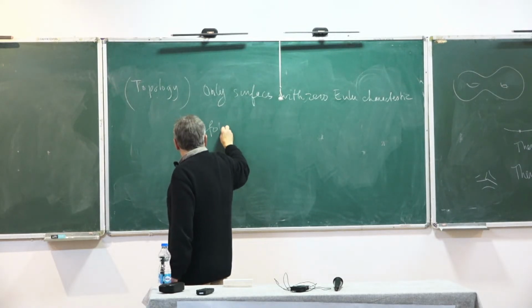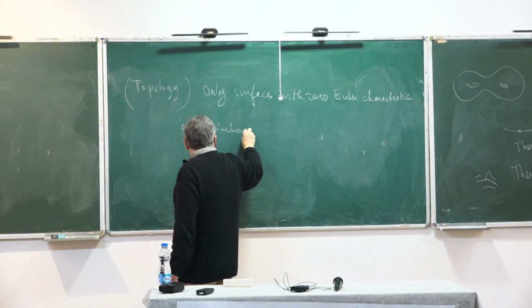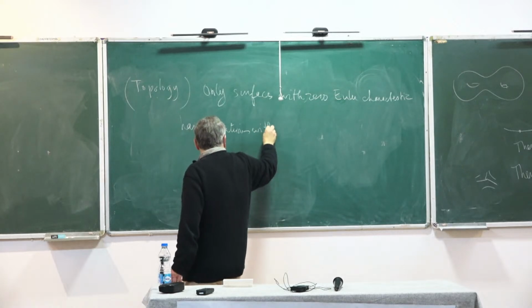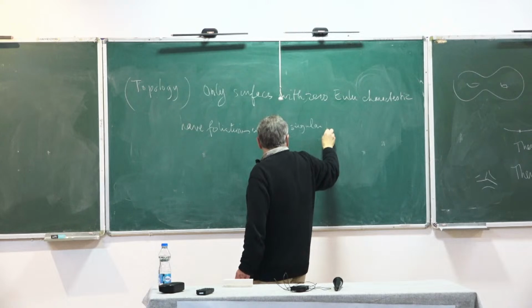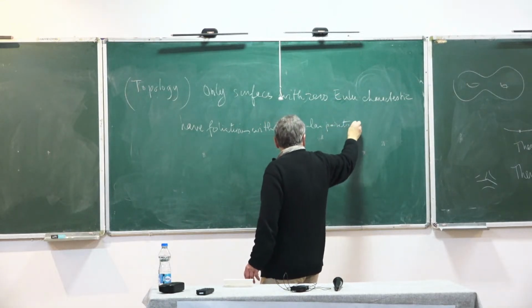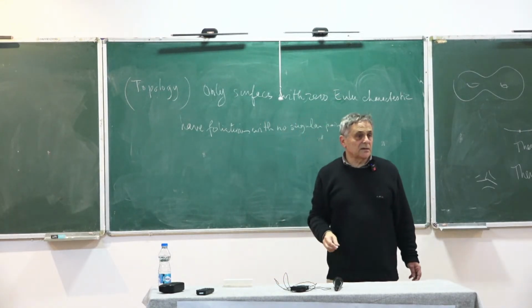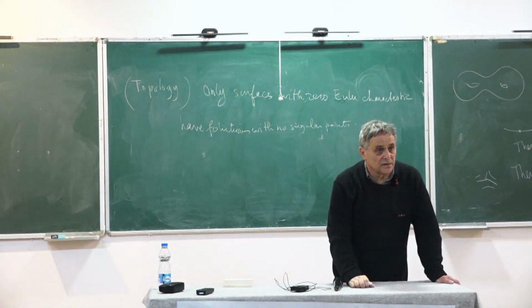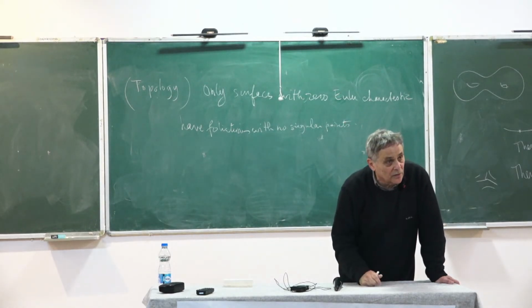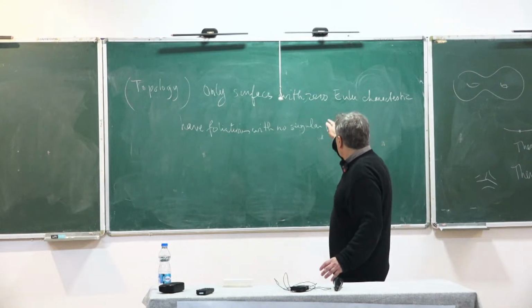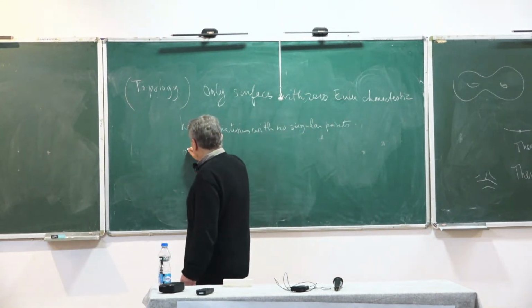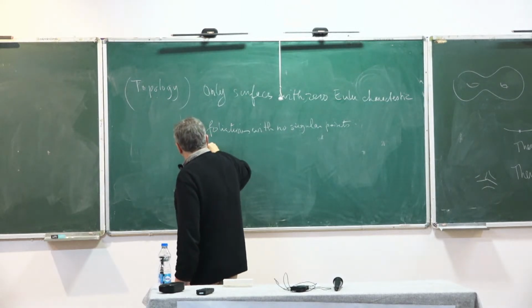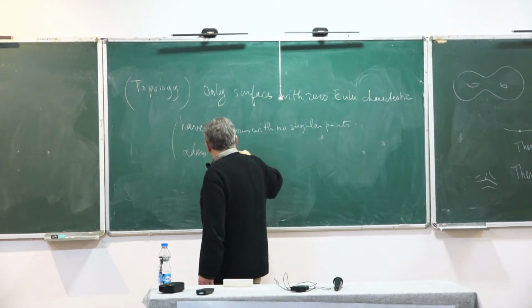Have foliations with no singular point. This is not a difficult thing. This you learn, or also instead of this, I can say admit vector fields.